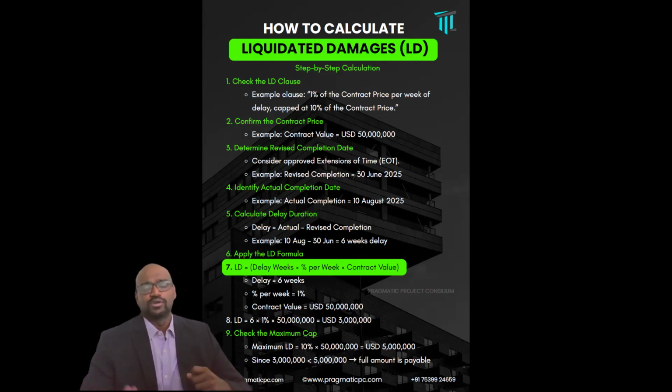So those things we call excusable delays, non-compensable delays. So here it is a non-compensable delay, where the employer is eligible to deduct the LD from the contractor.